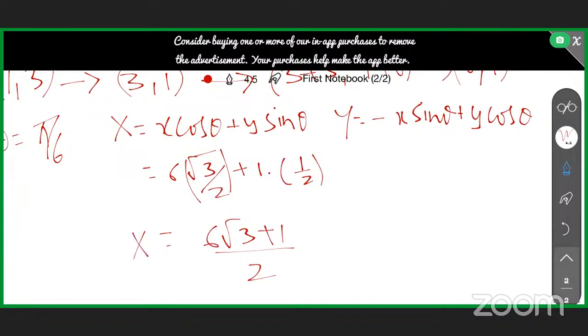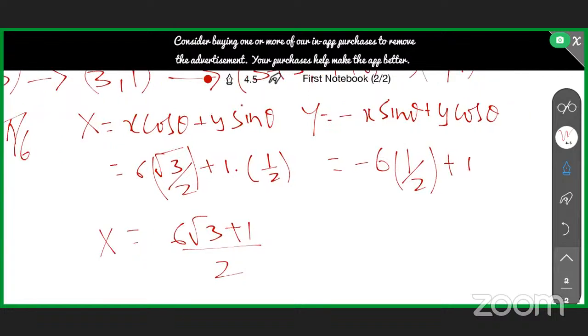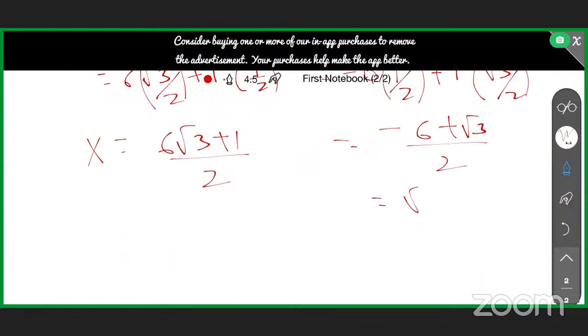Now coming to Y: x value is minus 6 into sin 30, which is 1 by 2, plus y value 1 into cos theta, which is root 3 by 2. So LCM is 2, giving root 3 minus 6 by 2.